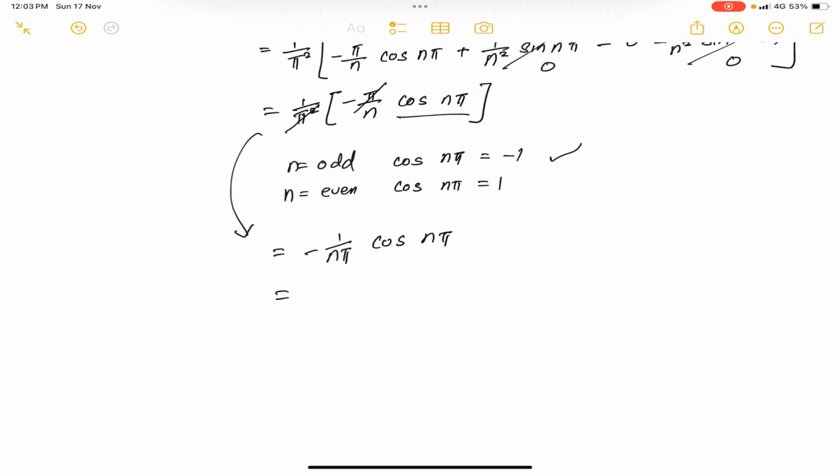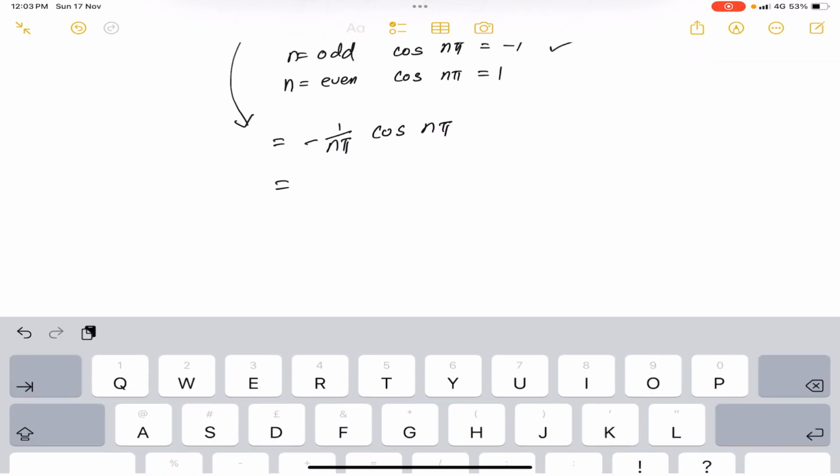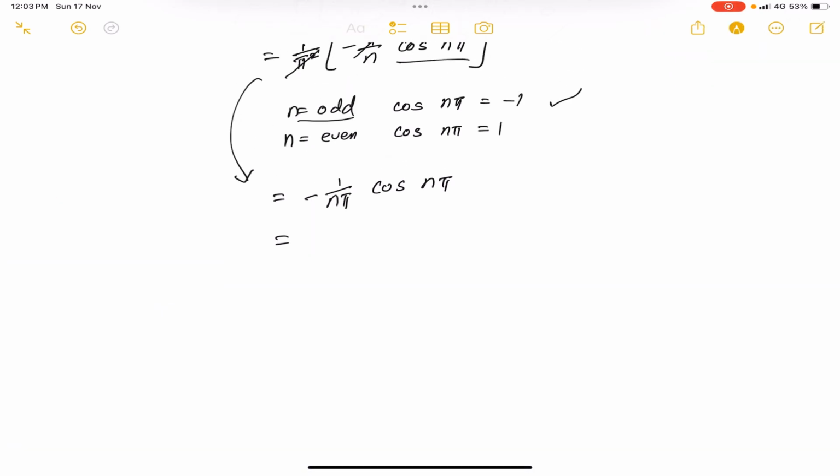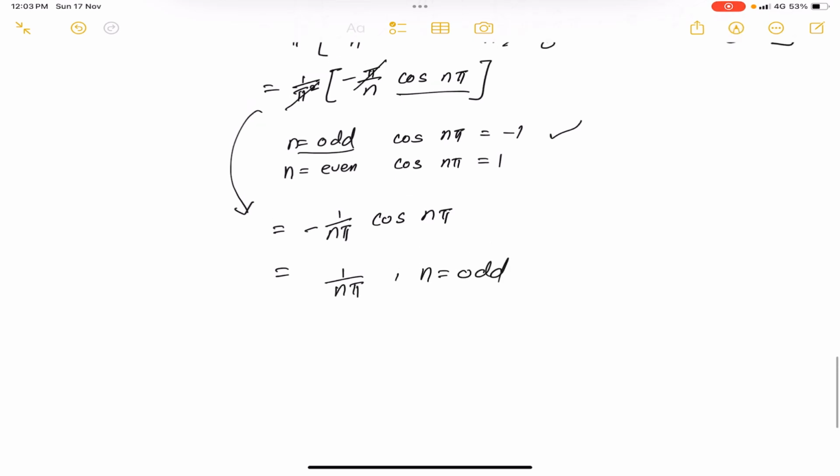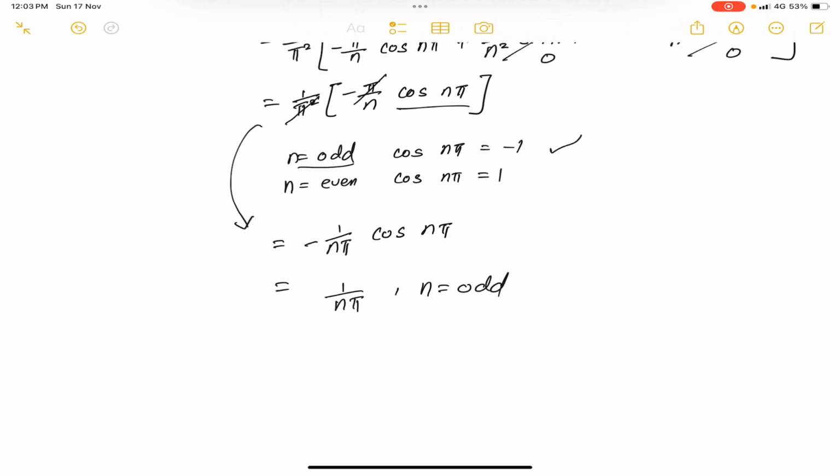You substitute in when n equal to 1. n equal to 1 is odd, so you get cos n pi equal to -1. So -1 multiplied with -1 over n pi, you get +1 over n pi when n equal to odd. And then when n equal to even, your cos n pi is equal to 1, so you have the negative value.